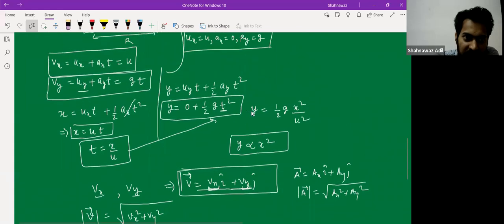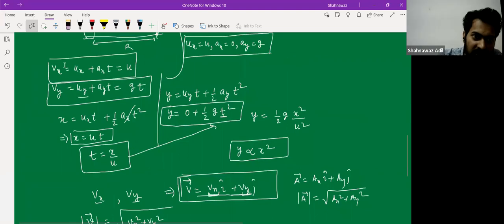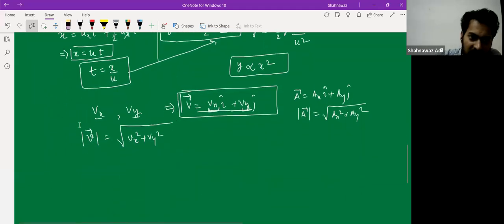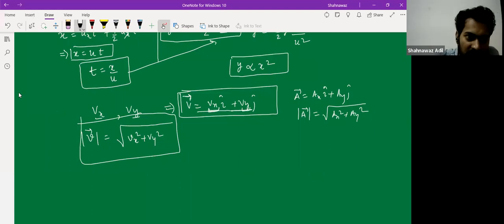Okay, so you calculate the x component and the Vy component, and then you calculate the magnitude of the final velocity using this. Understood? Yes, sir. Okay, so let's do one question that will make it more clear.